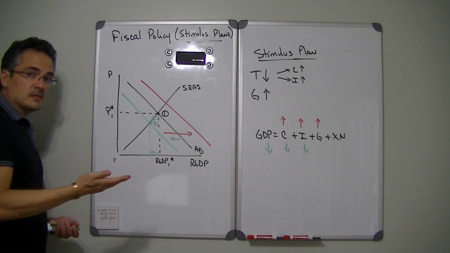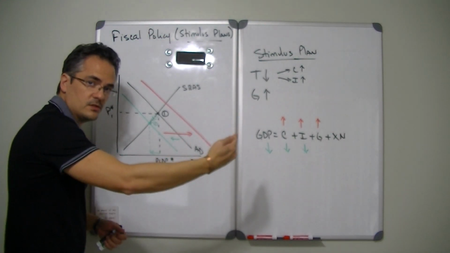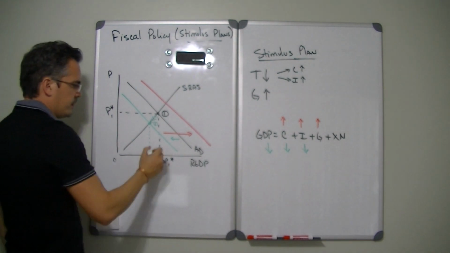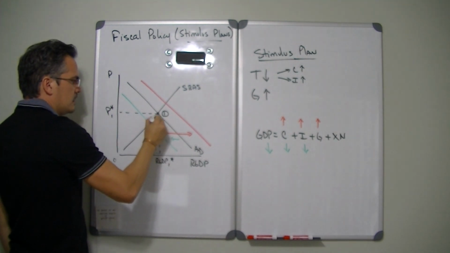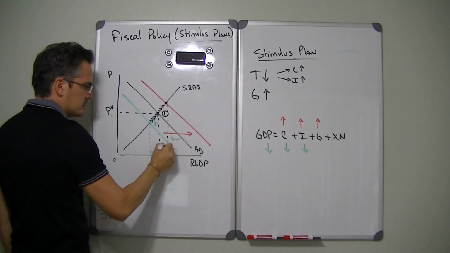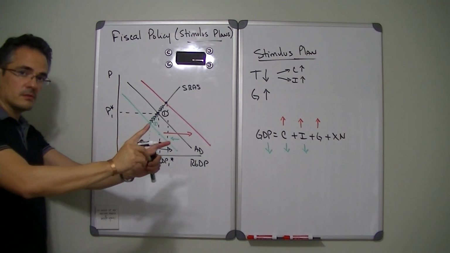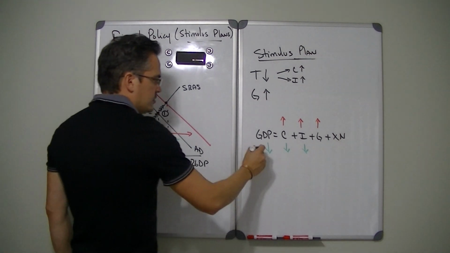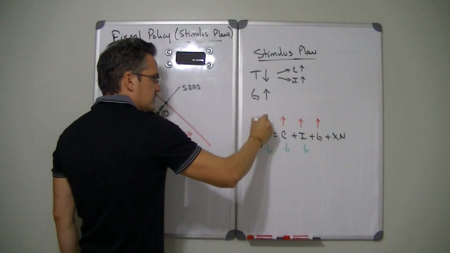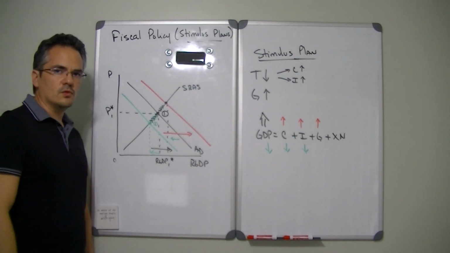And then a stimulus plan is supposed to move the economic activity in the opposite direction. So it's supposed to change that equilibrium back to a higher number, and therefore move real GDP in the upward direction. So a recession causes real GDP to decrease, a stimulus plan causes real GDP to increase.